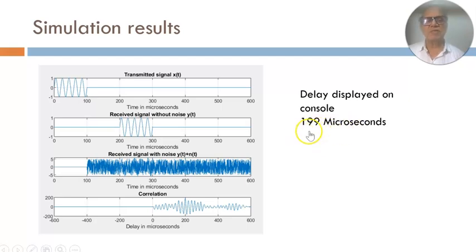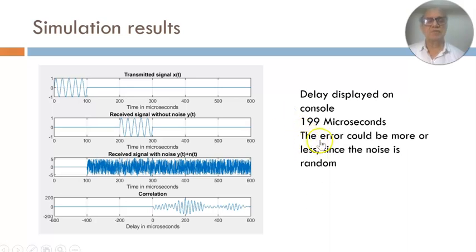Every time you run the program, there could be a slight error which can be different because the noise is quite random. So it could be 199 microseconds, or exactly 200, or maybe a little more or a little less. So within certain error, you will get your delay.